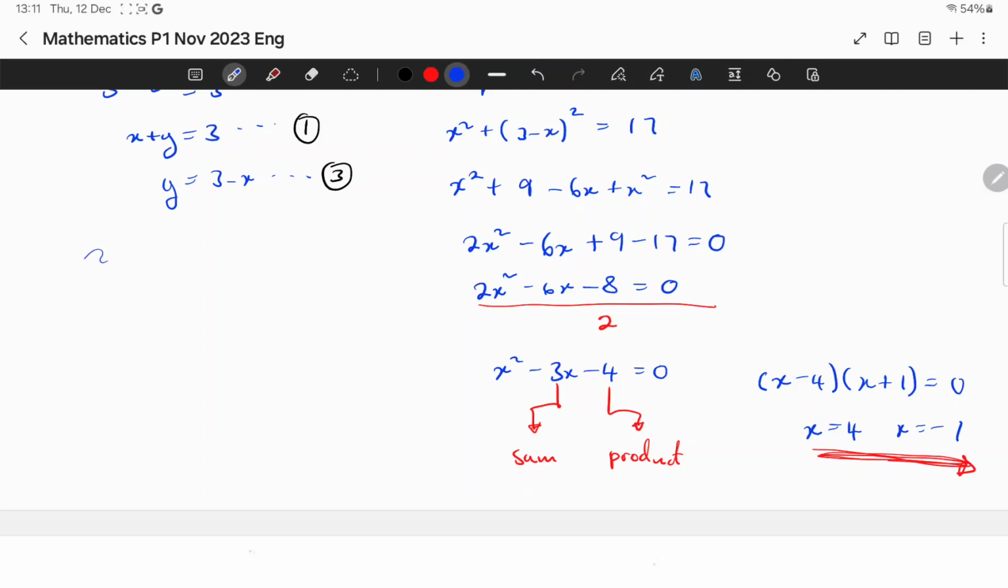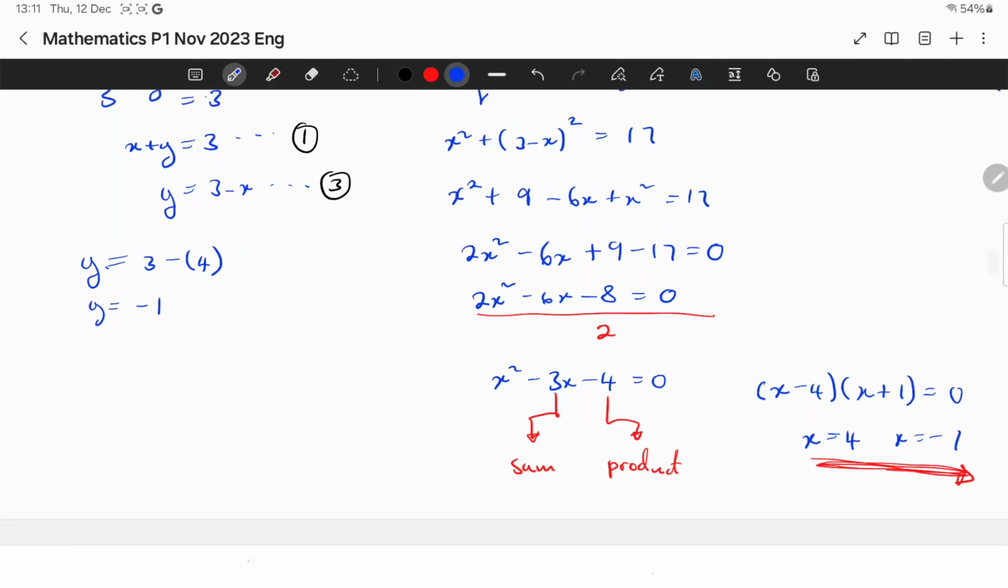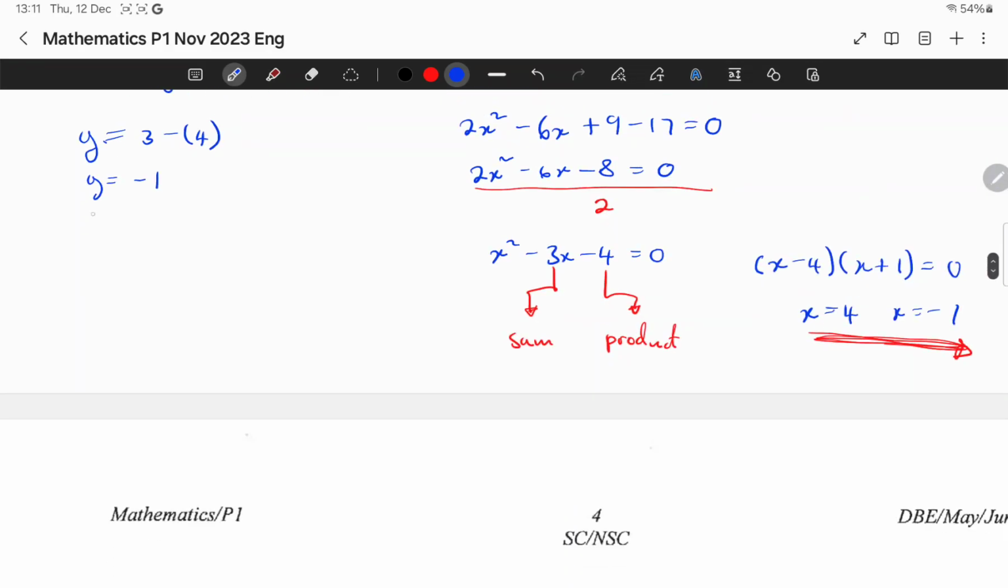So let's substitute. y is equal to 3 minus, substituting the first one, 4. y is equal to negative 1. Then y is equal to 3 minus negative 1, y is equal to 4. Those are the two values of y.